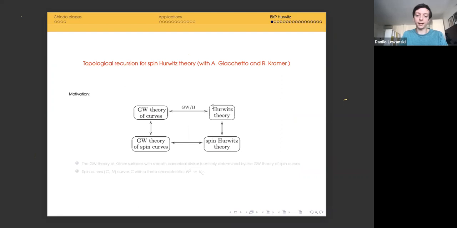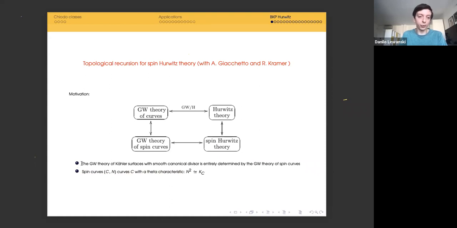And then there is another world that I will call the spin world here, and that is related to spin curves. So let me use now this definition over here. What is a spin curve? A spin curve is a curve with attached a theta characteristic, so a line bundle that squares to the canonical. Okay, and why is this Gromov-Witten theory of spin curves interesting?